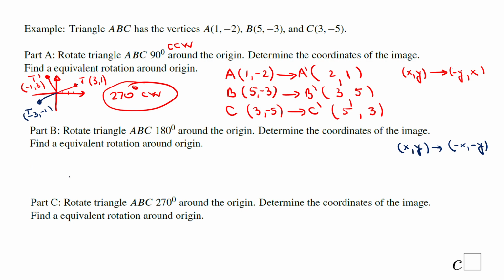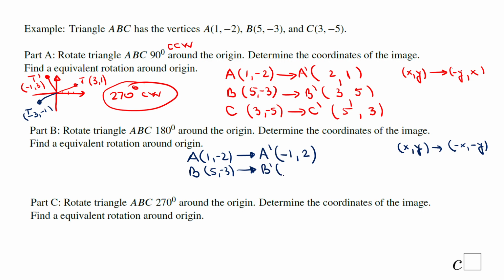So let's see what's going on here. A, which is 1 and -2, becomes A prime, which is going to be -1 and +2. Just change the sign. Don't switch them. B, which is 5 and -3, becomes what?